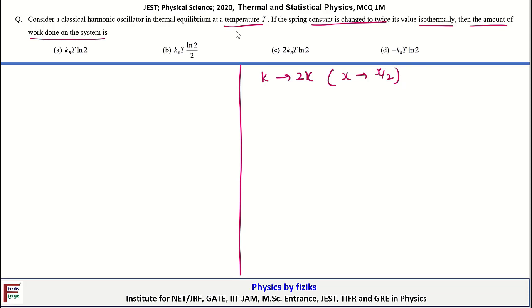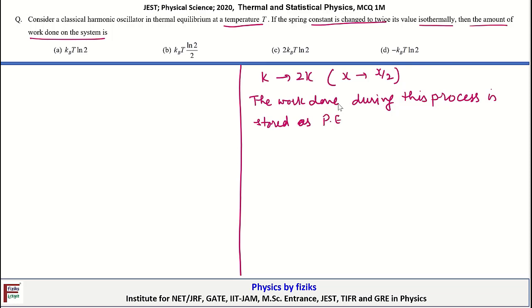Therefore the work done during this process is stored as potential energy in the spring.